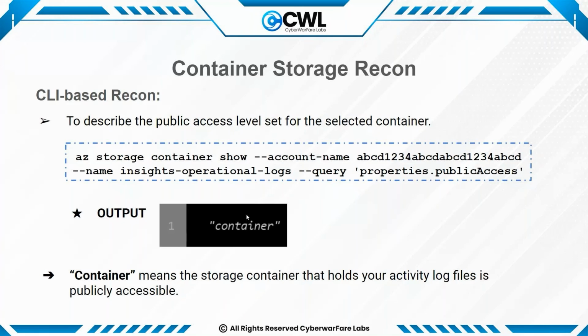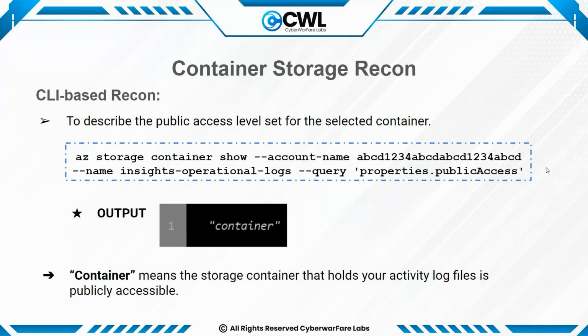So the purpose of this command is to get the public access level of the specified storage container. The output of this command would be the public access level of the specified storage container. The value returned would be one of the following.